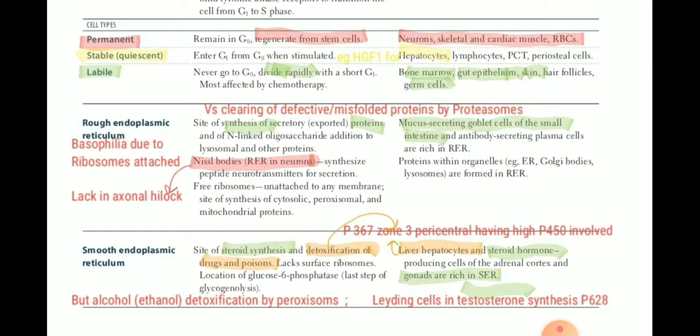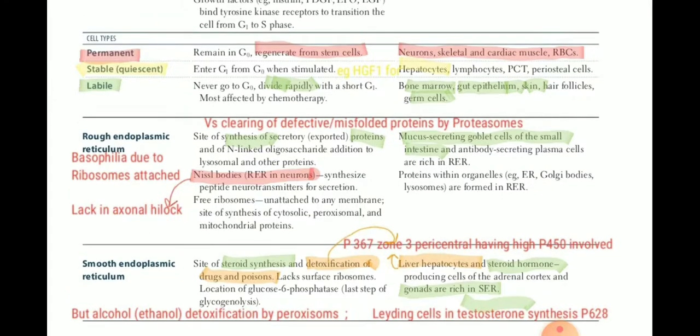And the other color coding I have done is that smooth endoplasmic reticulum is the organelle which causes detoxification of drugs and poisons. This specific detoxification mostly takes place in the liver hepatocytes. Steroid synthesis is mostly in steroid hormone synthesizing areas like the adrenal cortex and gonads. Detoxification is mostly a liver function. And the MCQ asked is that it is in zone 3, the pericentral zone, having the highest P450 enzyme involved.